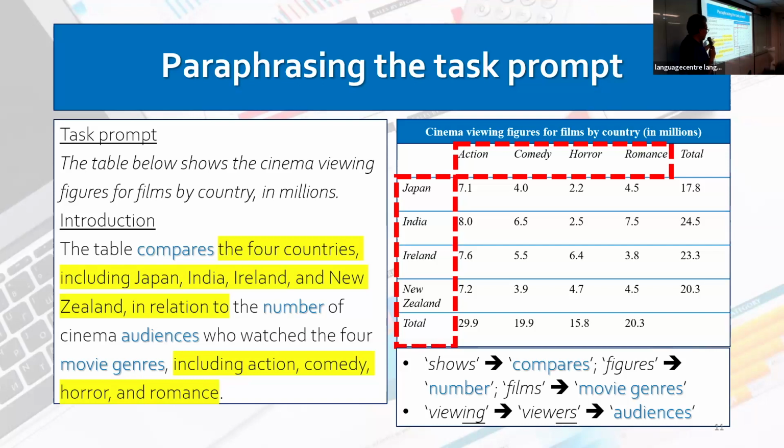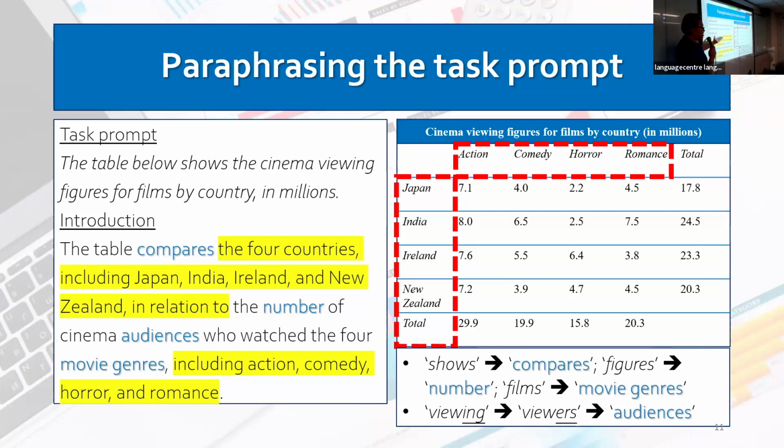And in one of the examiner's comments that I read from these official IELTS materials, actually, IELTS examiners would expect test takers to be more specific in their introduction. So for example, if you simply say this table compares the number of cinema audiences, that could be too general.